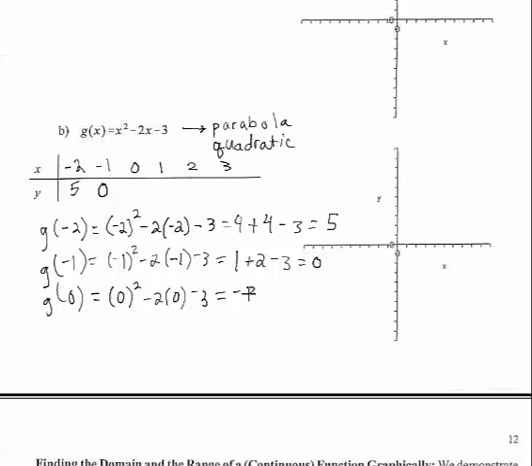Like I said, it's pretty easy to calculate. I get an output of negative 3. And now I have to calculate g of 1. So I have a 1 squared minus 2 times 1 minus 3. 1 minus 2 minus 3. Negative 4.